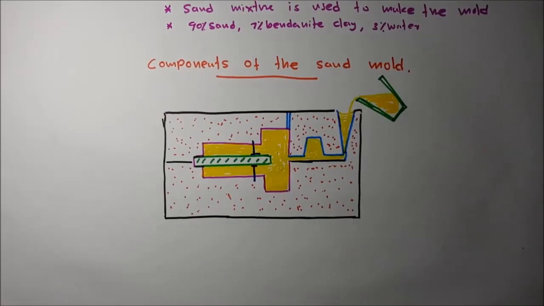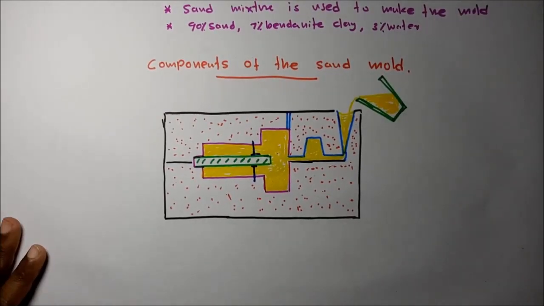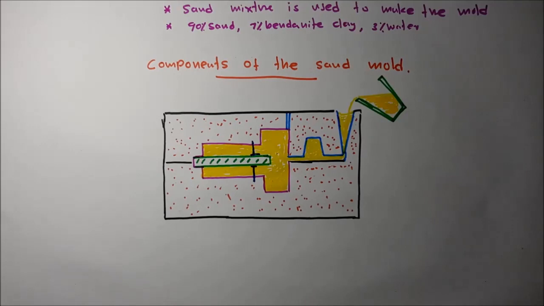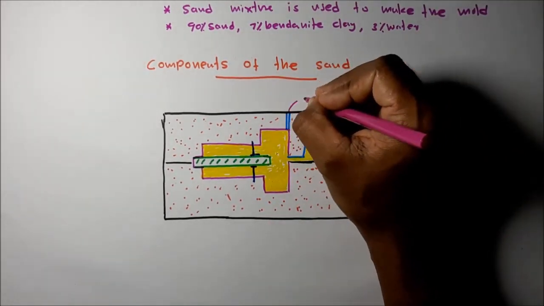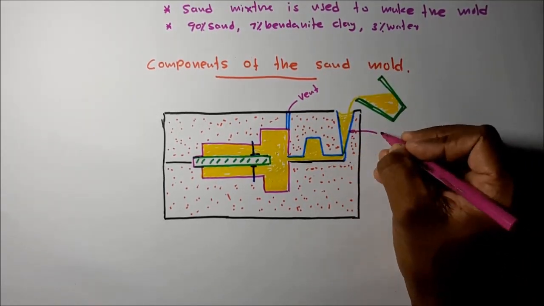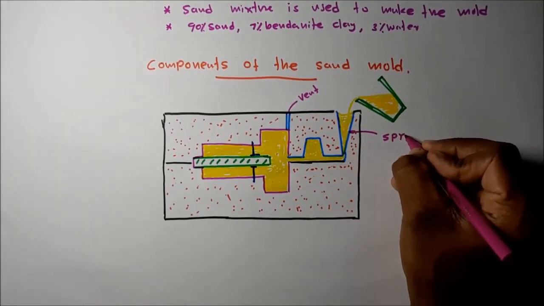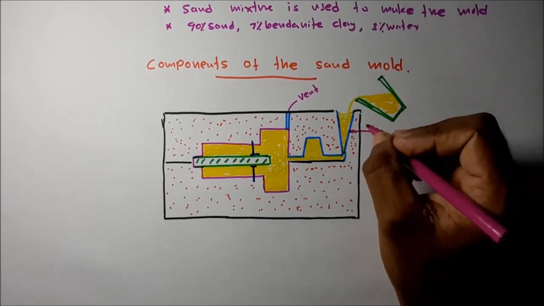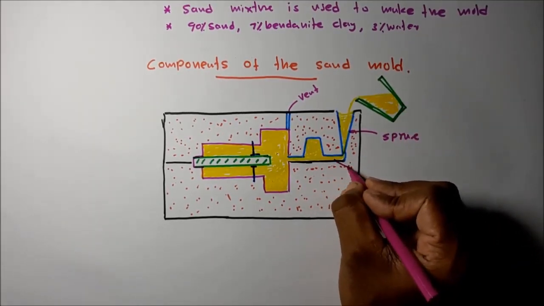Okay, let's see the components of this sand casting. This is called the vent hole. This is called the screw. This is called the runner.